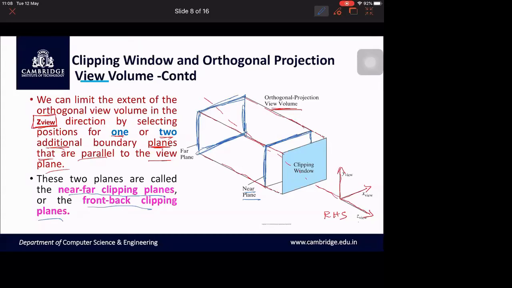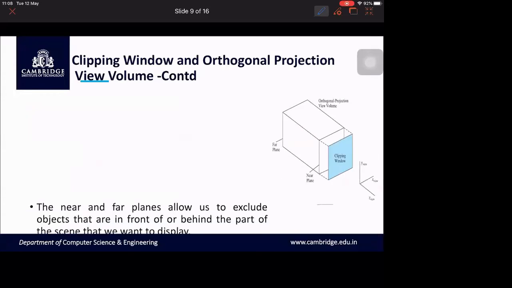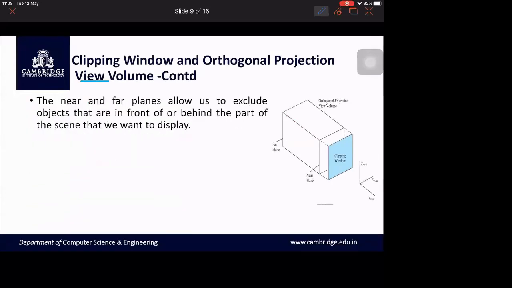Is that clear? Why do I need a view volume? It is 3D. I am drawing a 3D here. Whatever the object, we can see here, whatever the object is outside of this volume. So if I have drawn it like this, okay. It's 3D, so that means I have a z-axis also.